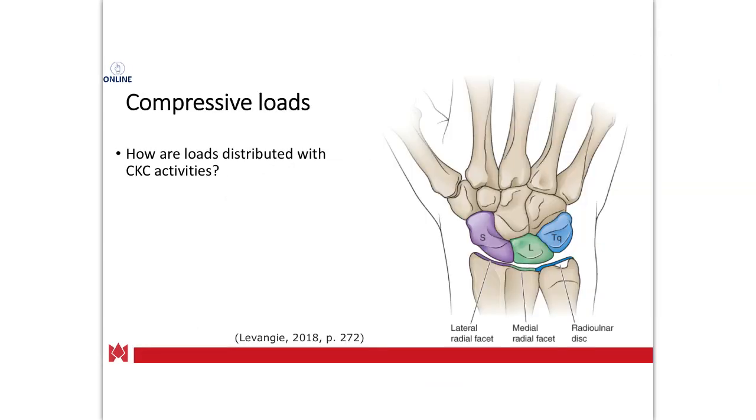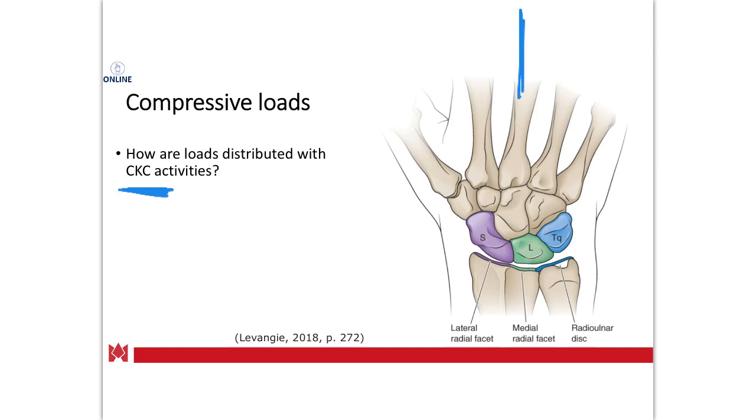So continuing to talk about compressive loads and talking about closed kinematic chain, because generally the wrist and the hand are open chain activities, but there are times when there is pushing involved, whether it's pushing against the floor, pushing against the armrest to get up, pushing an object forward, pushing against a wall, or pushing a person, or whatever the push is.